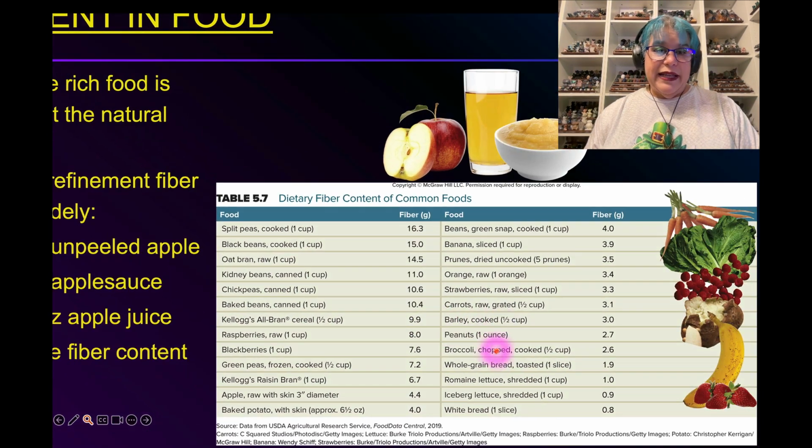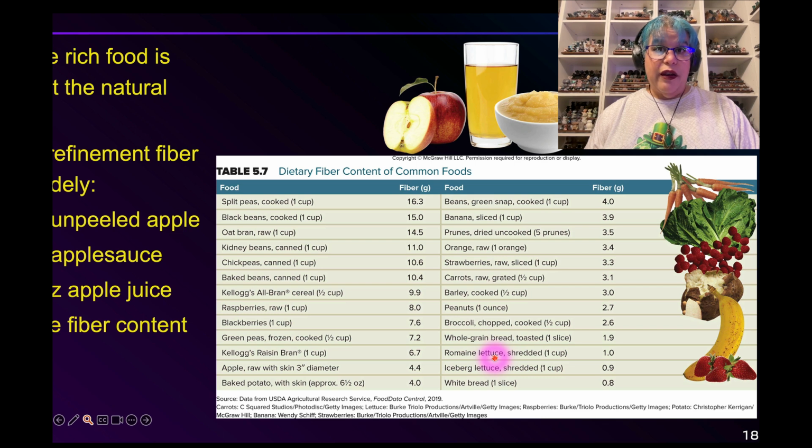When we look at the fiber content for a lot of foods, split peas are kind of our highest amount of fiber, 6.3 grams in 1 cup of split peas. Black beans that are cooked, you got about 15 grams. Oat bran raw is going to be about 14.5.